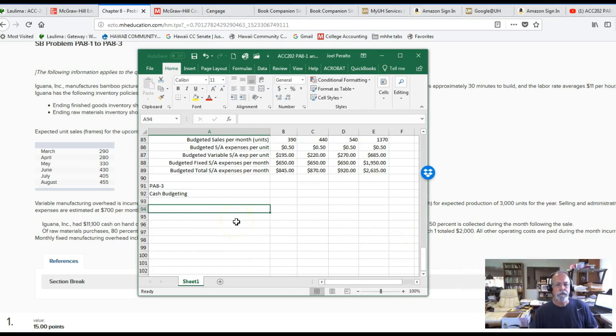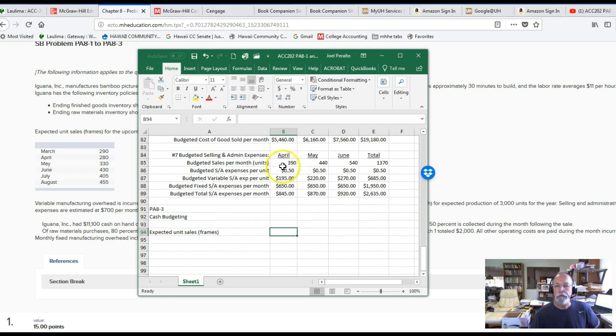Okay, so let's start with expected unit sales, which are frames, and I believe we're looking at the same 3-month period.